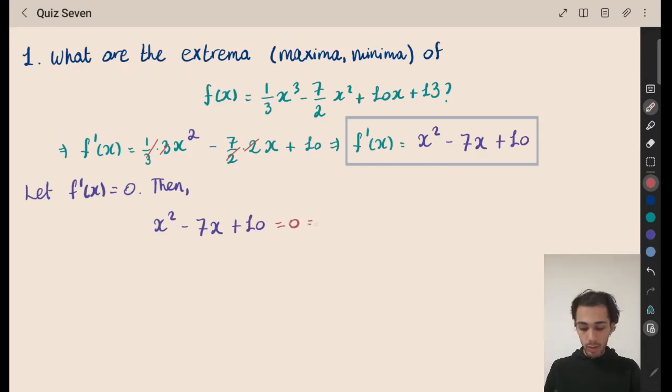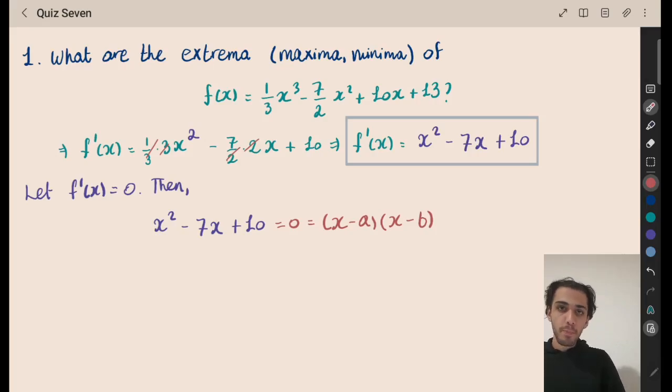And then I can write this as x minus a, x minus b. And now I just need to find a and b. So in that case, a will be minus 5 and b will be minus 2.